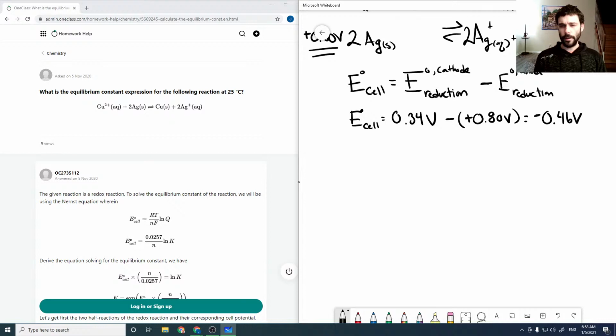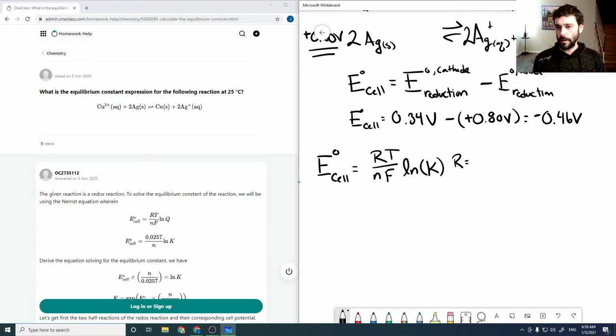So we can calculate our K from the Nernst equation, which is E0 cell is equal to RT over NF ln K. So in this case, R, T and F are all constants.